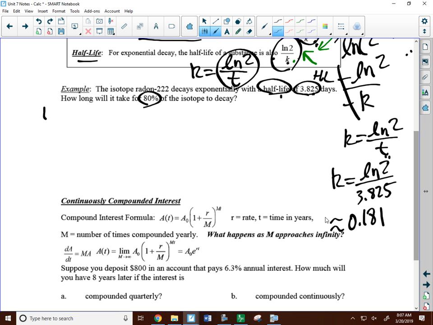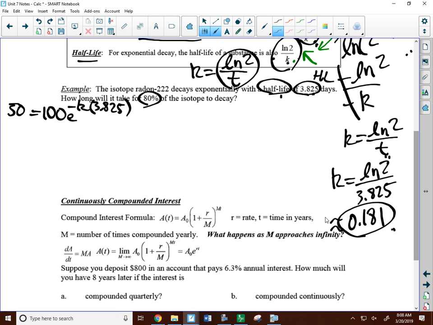Choose some amount. 100 is what I like to start with. 50 would be left if you're doing half-life. E to the decaying, negative K, and then you put in the half-life, 3.825. If you forgot that formula, you do that and you solve like we've been doing for K, and you get this. I'm not going to do this one again, but you would solve and get that. That works out.